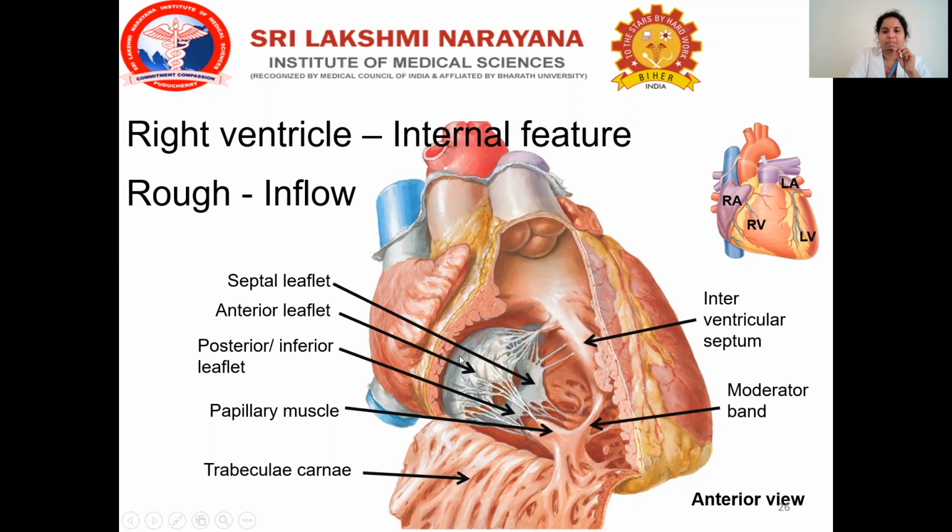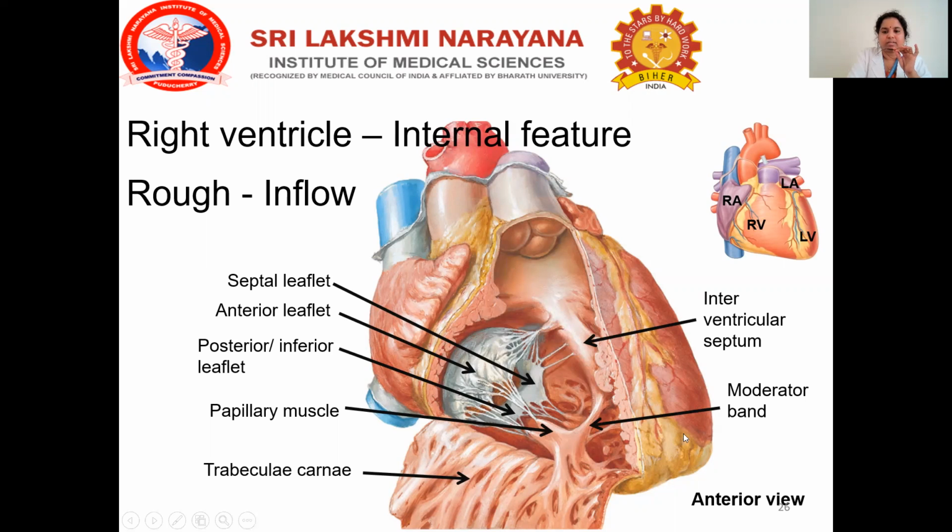This is the anterior leaflet attached to the sternocostal surface. This is the septal leaflet attached around the interventricular septum, and this is the posterior or inferior leaflet. The rough portion is limited by the supraventricular crest from the smooth portion.